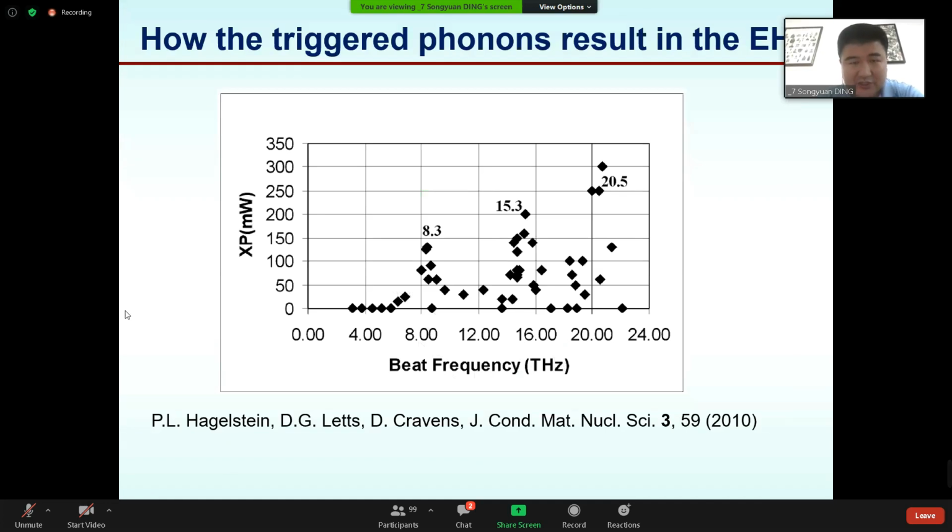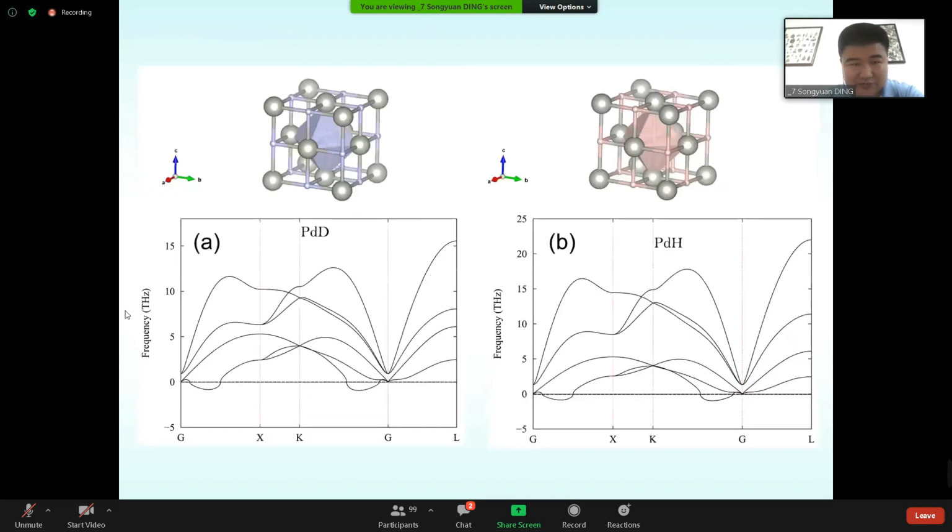So the phonon, the lattice vibration, is related to the excess heat. Then we calculate the phonon modes of the PdD system and the platinum hydrogen system.